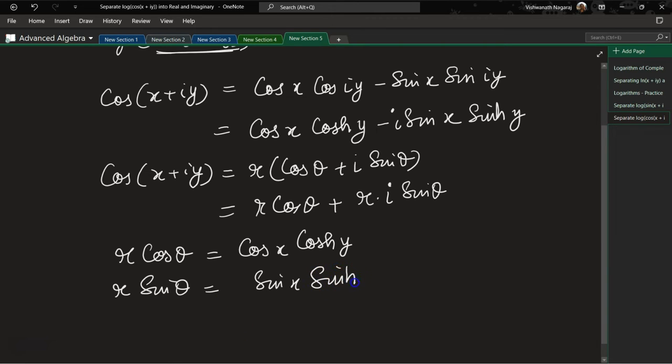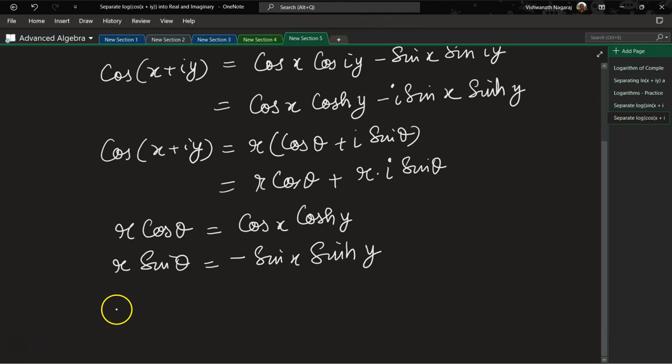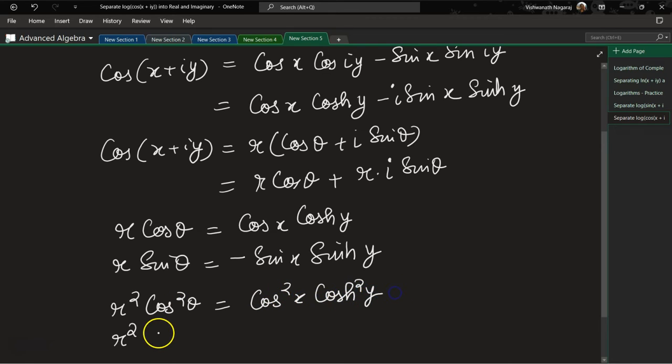Okay, now let's square both the sides. We get r square cos square theta is equal to cos square x hyperbolic cos square y. r square sine square theta is equal to, minus will disappear when squaring, sine square x hyperbolic sine square y.